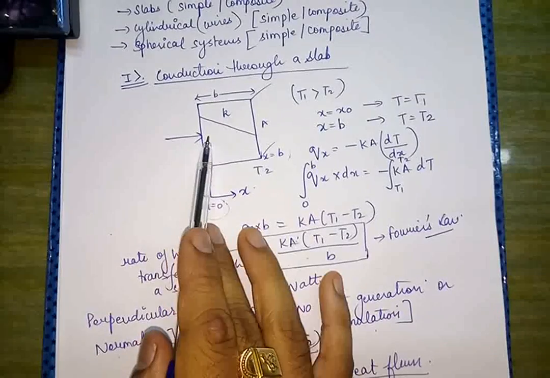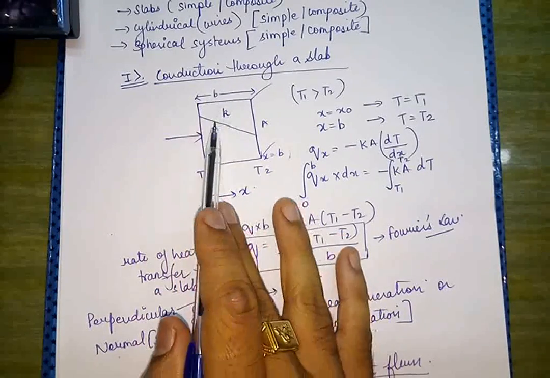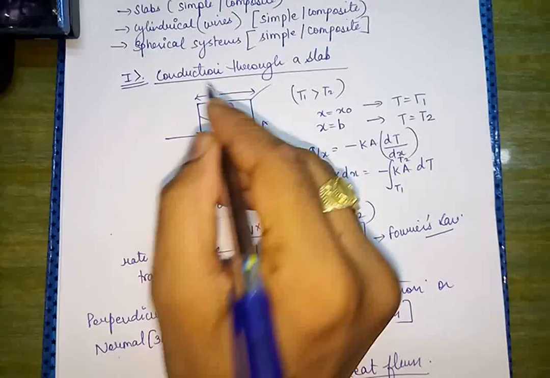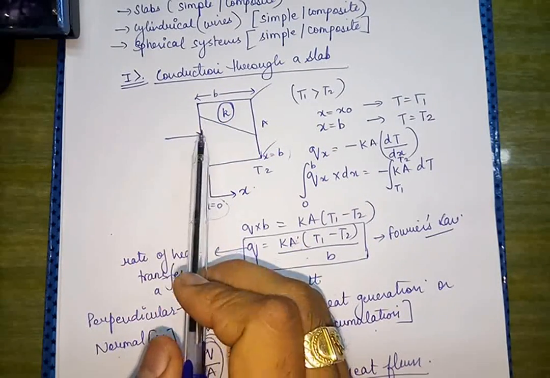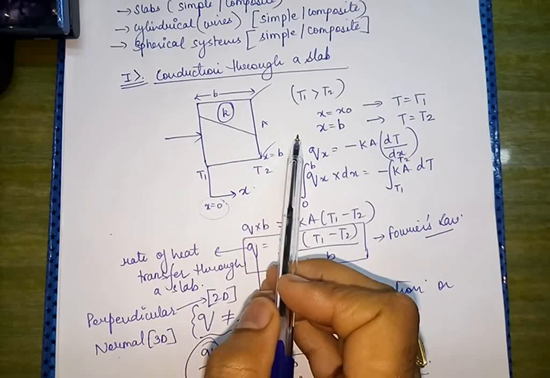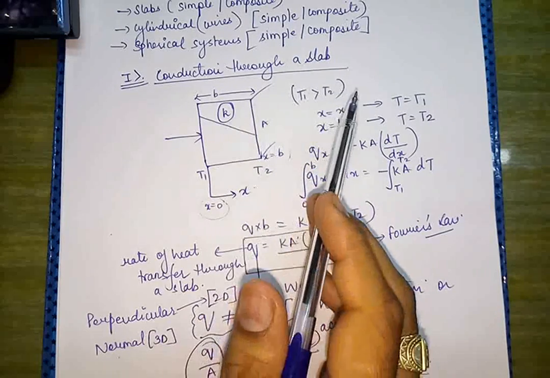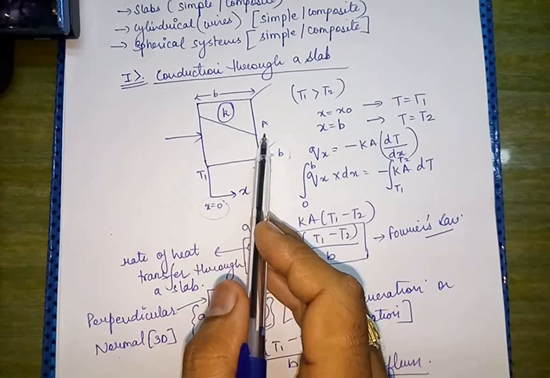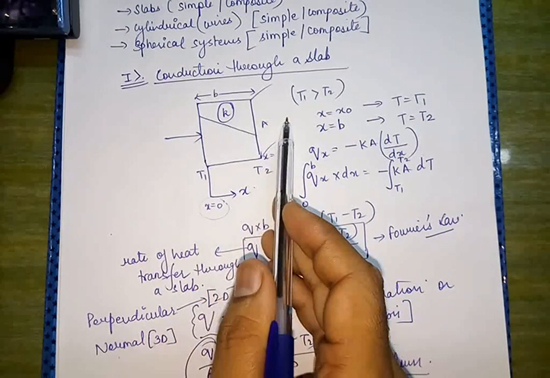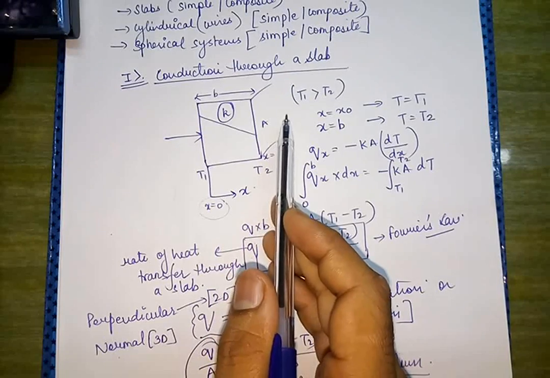Now, in this case that we have discussed, there was just one slab having a thermal conductivity of small k. Now, for example, if we make this a composite slab, such that we have one more slab adjacent to it having a thickness B2, and this has a thickness of B1, and the next slab has a thermal conductivity of K2.